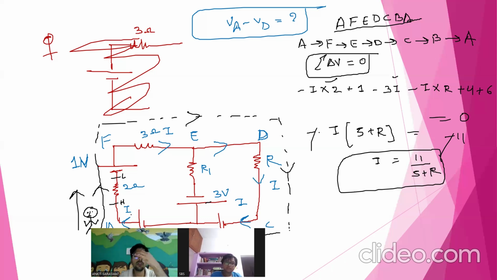Now, but my question is, there is no current flowing from E to B. There is no current flow from E to A to B. Is it 11 or 10?